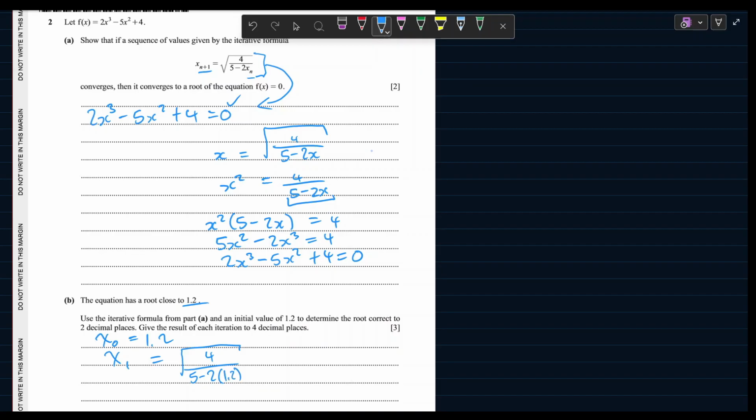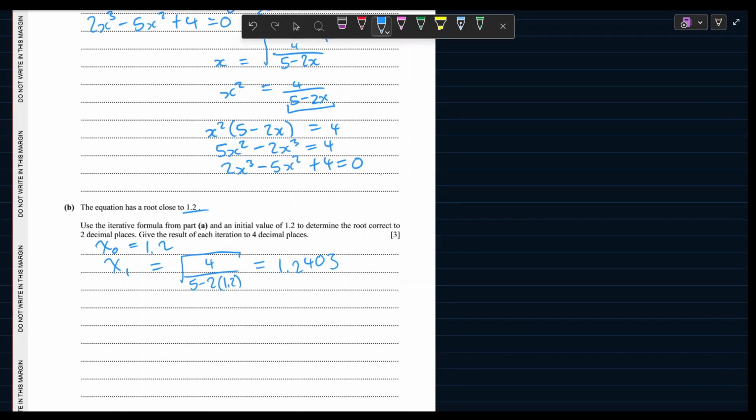And this is approximately equal to, let's punch this into the calculator, that gives us, they want it correct to 4 decimal places, 1.2403.